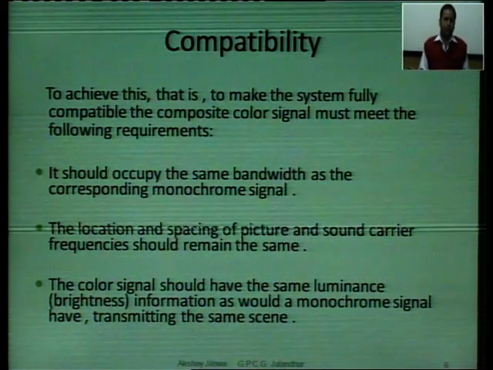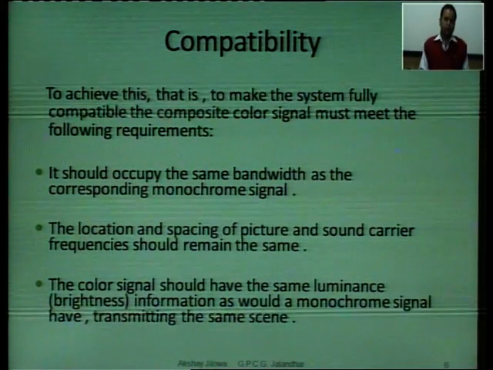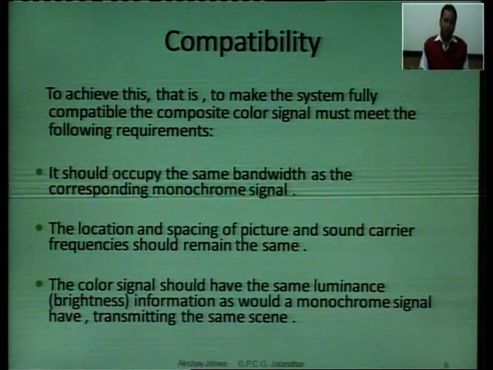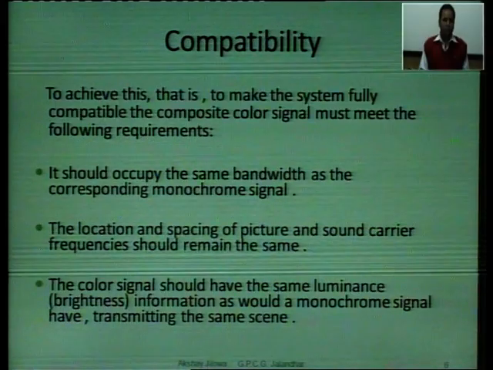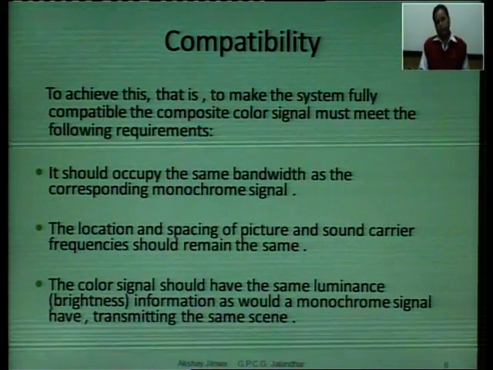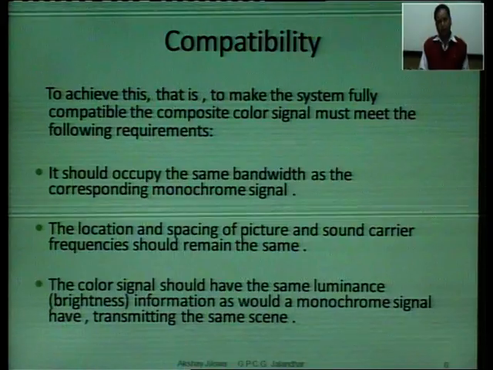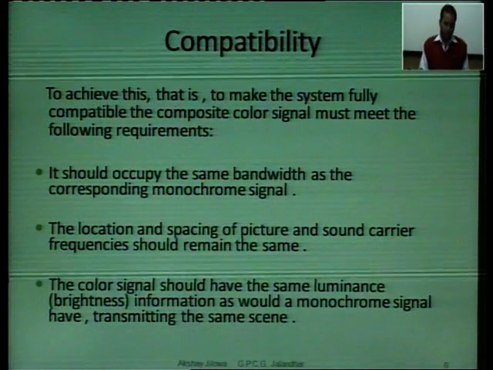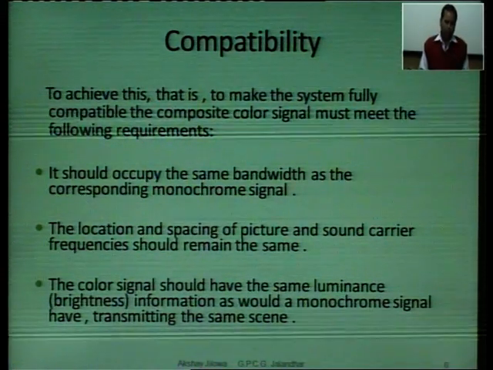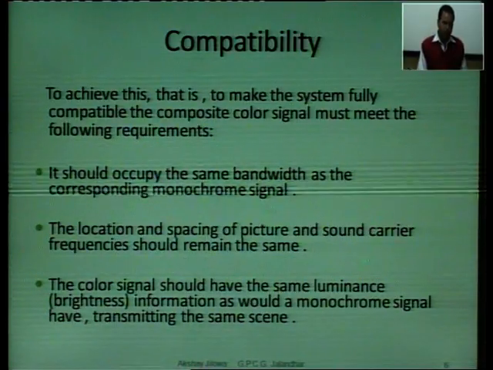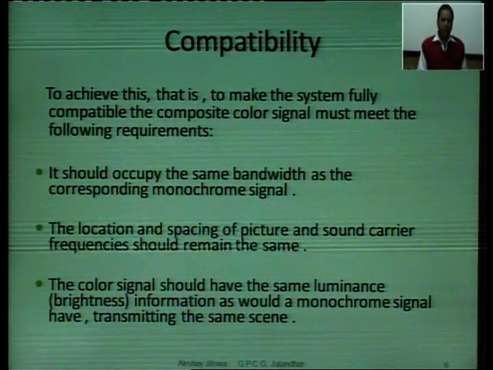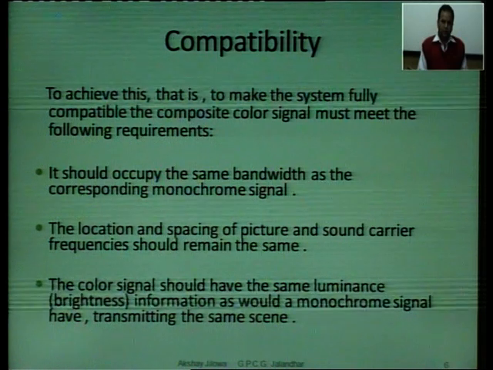They should acquire the same position, they should be similarly located. It should not be a different position for color TV and a different position for monochrome TV signal. In both the signals they should occupy the same location, the same position.